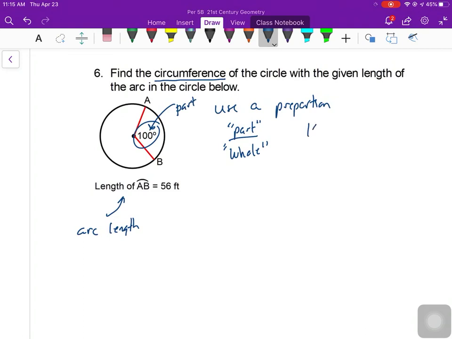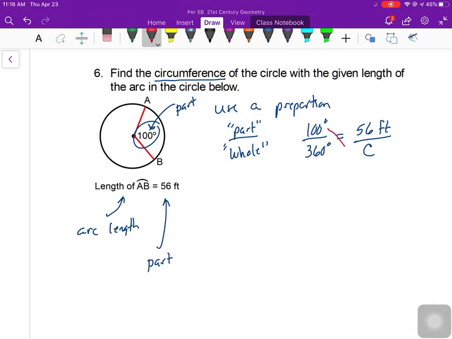This is the number of degrees in the part. So 100 degrees goes on top. 360 degrees is the degrees in the whole circle. This is the arc length in the part. So 56 feet is going to go on the top. And we're looking for the whole circumference.